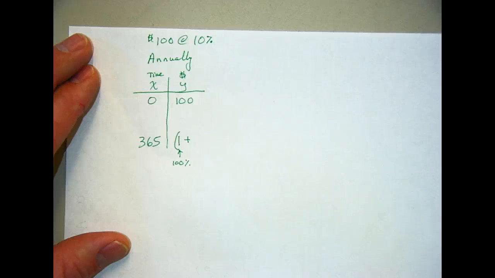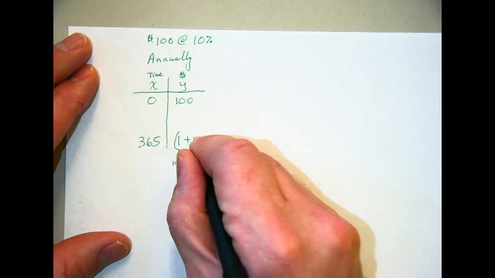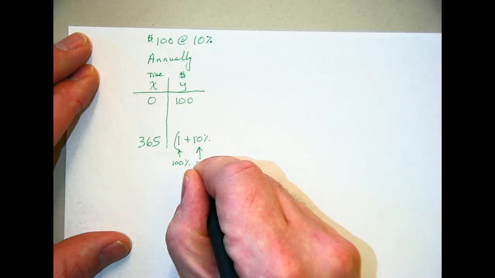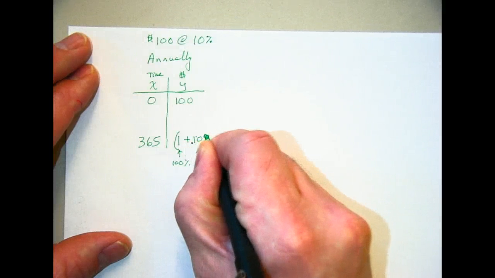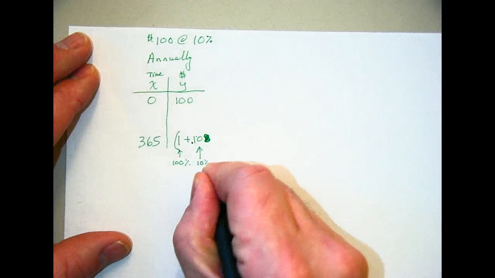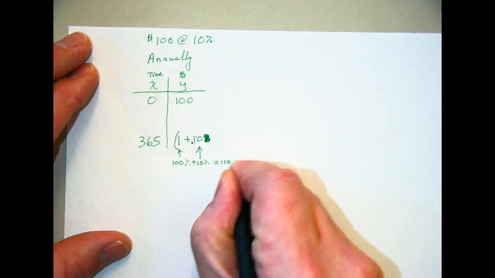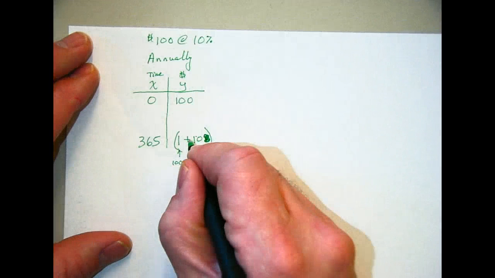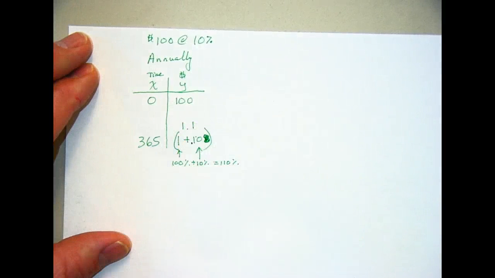You get 100% of your investment plus what? 10%, which we know as 0.1, or 0.10, same thing. So 100% plus 10% is 110%, which we know as 1.1 as a decimal. That's our rate.